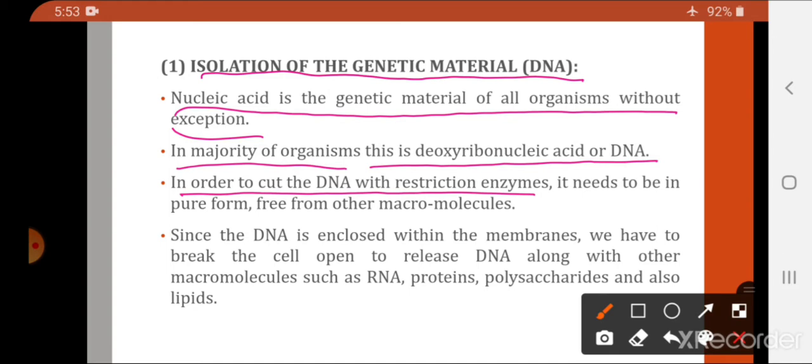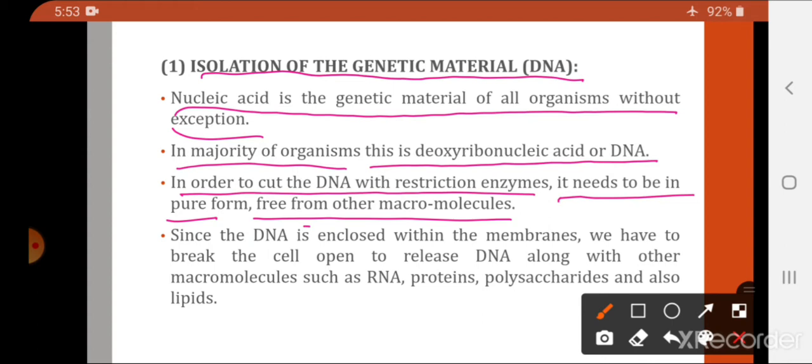But before cutting the DNA with the restriction enzyme, we need to obtain that DNA in pure form, free from the other macromolecules.